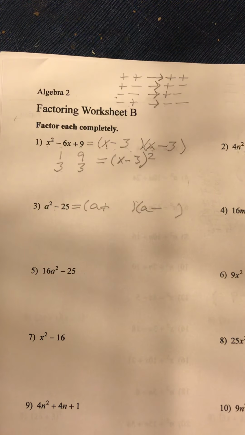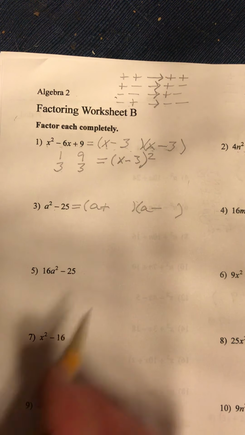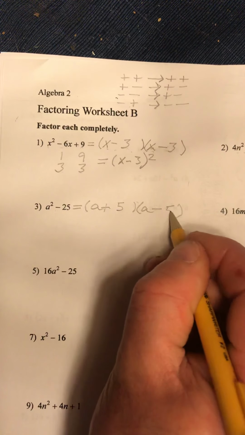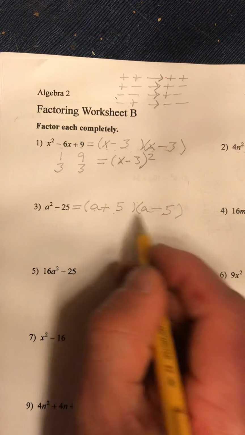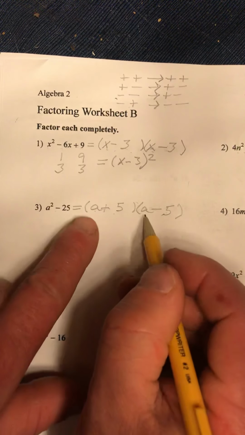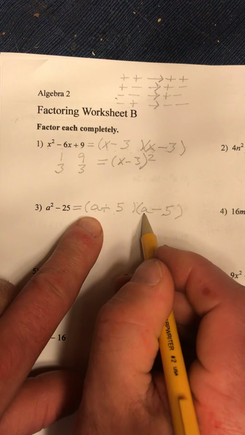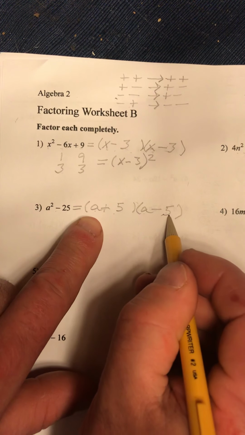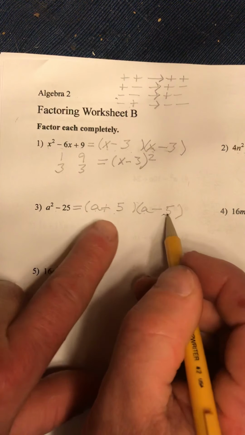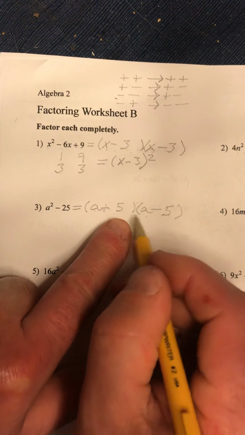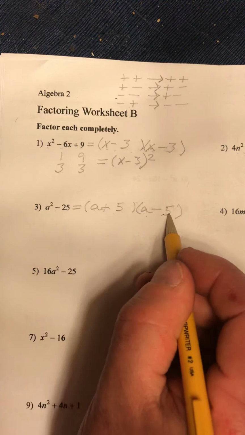And the two values that multiply and give me 25, that's a perfect square, 5 times 5. So this is a plus 5 times a minus 5. If I multiplied back, a times a is a squared. A times negative 5 is negative 5a. 5 times a is positive 5a. And then 5 times negative 5 is negative 25.